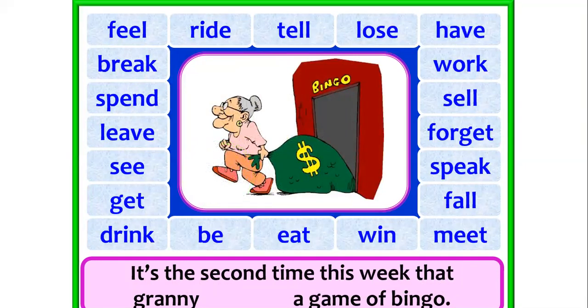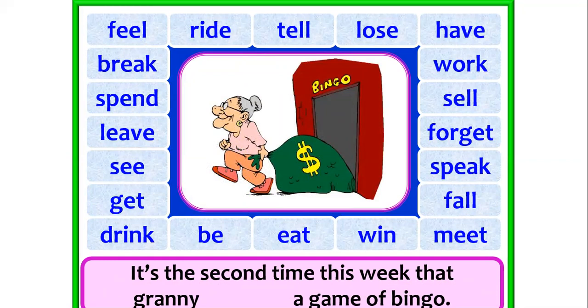So let's answer this example. It's the second time this week that Granny a game of bingo. So grandmother seems to come out of the bingo house with a lot of money. Does this mean that she won or lost? Yes, of course she won. So how do we put it in the present perfect tense?